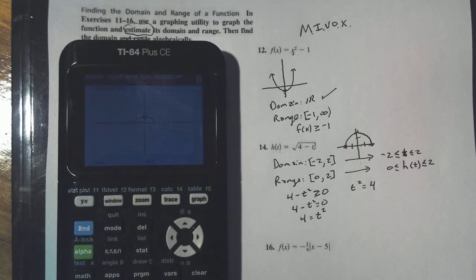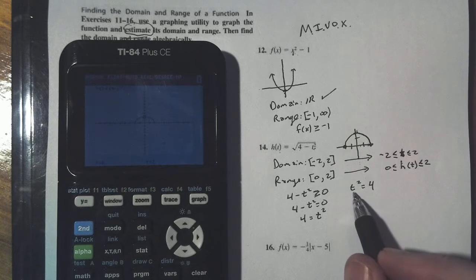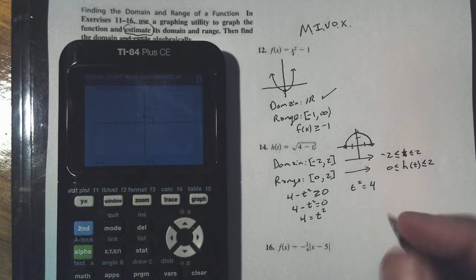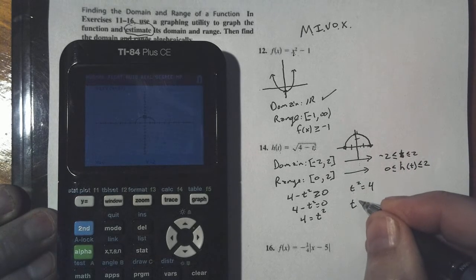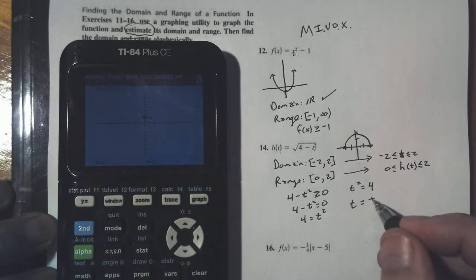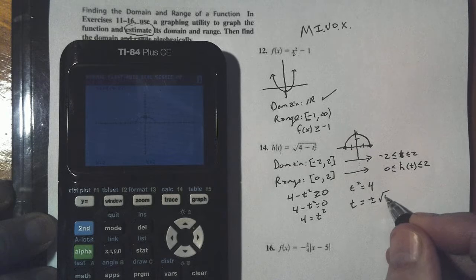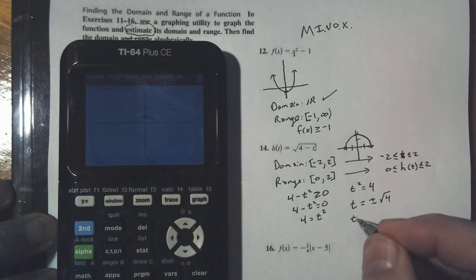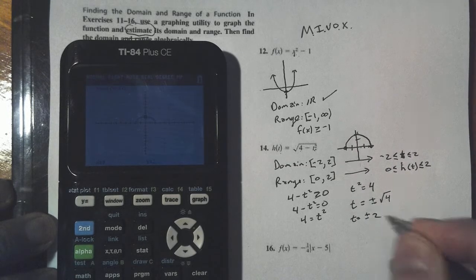But it's not just a square root. This says what number times itself equals 4, and there's 2 answers. I will always emphasize, not just a square root, a plus or minus square root. So t equals plus or minus 2.